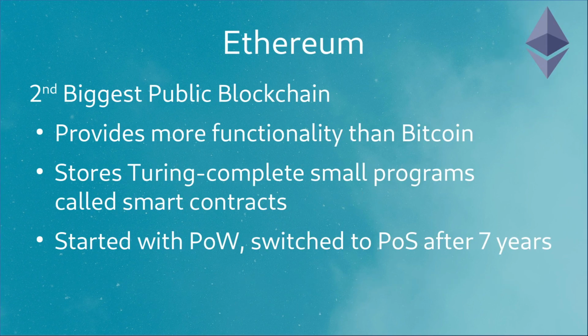The second biggest blockchain is Ethereum. Ethereum was designed because people wanted to do more than only store payments and payment transactions on a blockchain. They wanted to be able to run programs and be able to program whatever they wanted. So Ethereum has more functionality than Bitcoin. In Ethereum, you can write programs. You can program whatever you want to do.